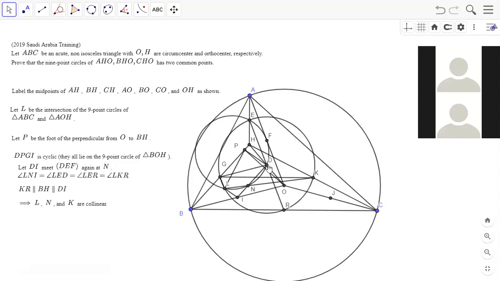So what if we try to show that angle DPL plus angle PLI is 180?